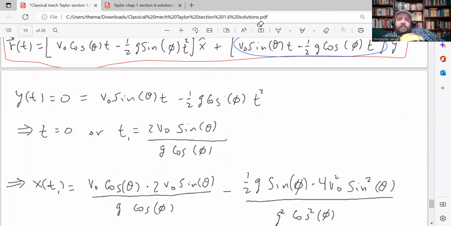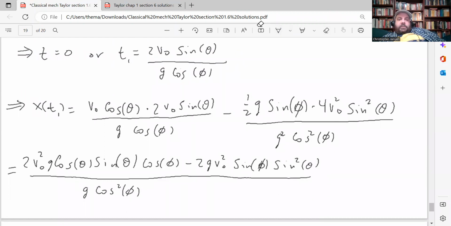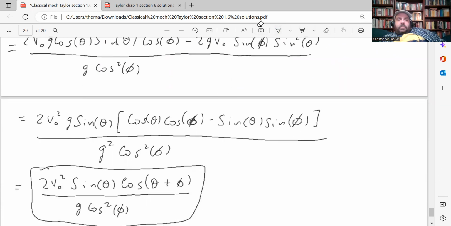And you get that t has to be this value here, 2v0 sine theta over g cosine phi, and then plug that in for t in the x component of the position function. When you do that, you get this whole expression here. And when you simplify that using some trig identities, we get what they want us to show.